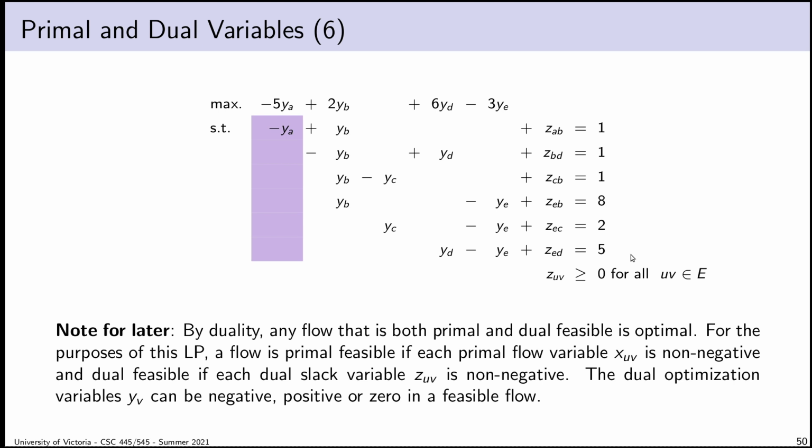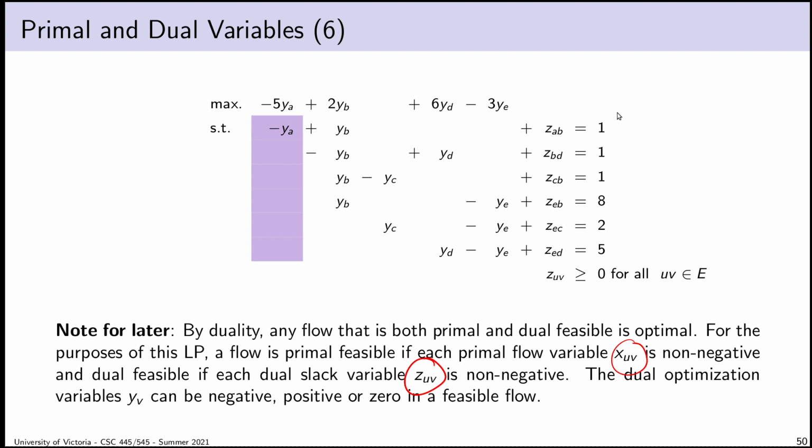Primal feasible means that each of my primal flow variables, xuv, is non-negative. Because there are no constraints on the y's, the only thing I need for dual feasibility is for the z's to be non-negative. It doesn't make any difference what the y's are. Any solution that has the x variables non-negative, the z variables non-negative, and the constraints met is a feasible solution, primal and dual. If we get one that's both primal and dual feasible, that is our optimal solution.